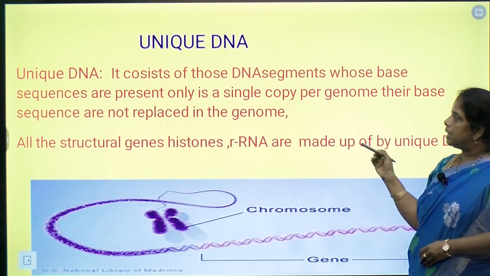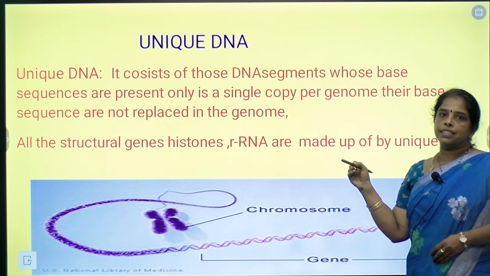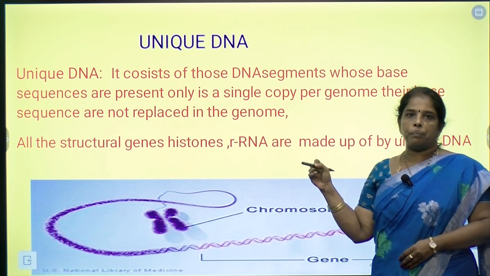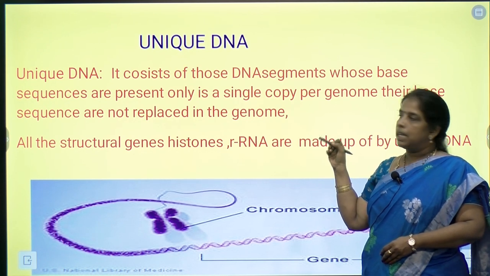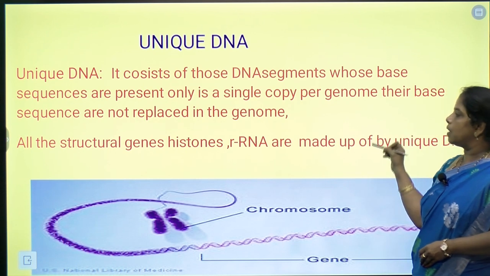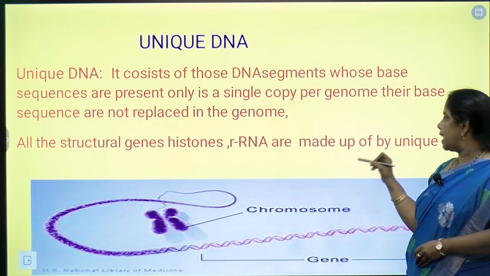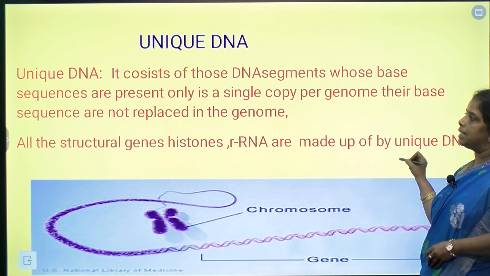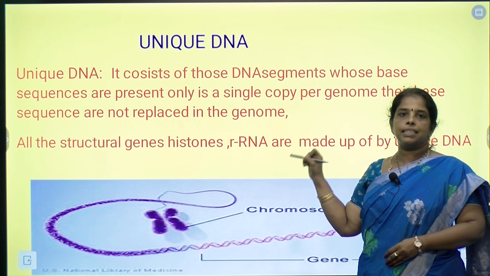Unique DNA means the DNA segment whose base sequences are present only in a single copy, they are not repeated in the genomic area. All the structural genes, histones and RNA are made up of this unique DNA. That means the unique DNA is specific, it is only present in a single copy.